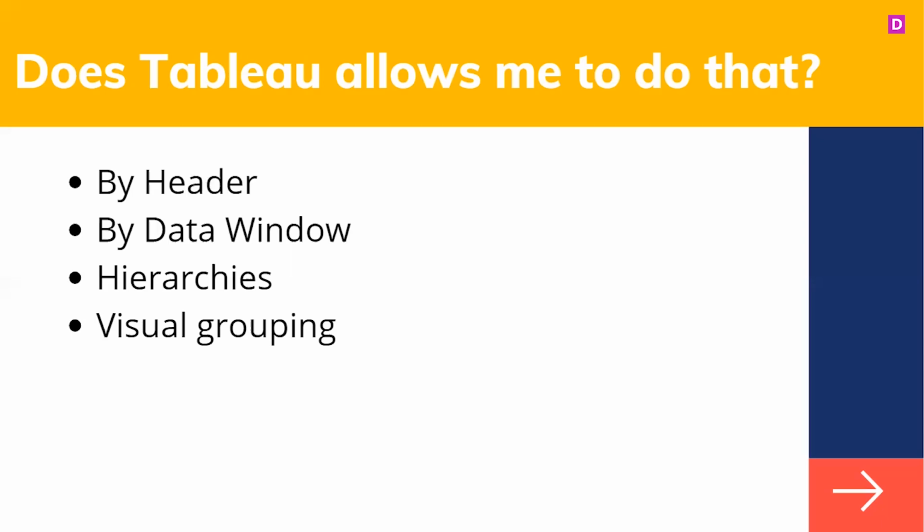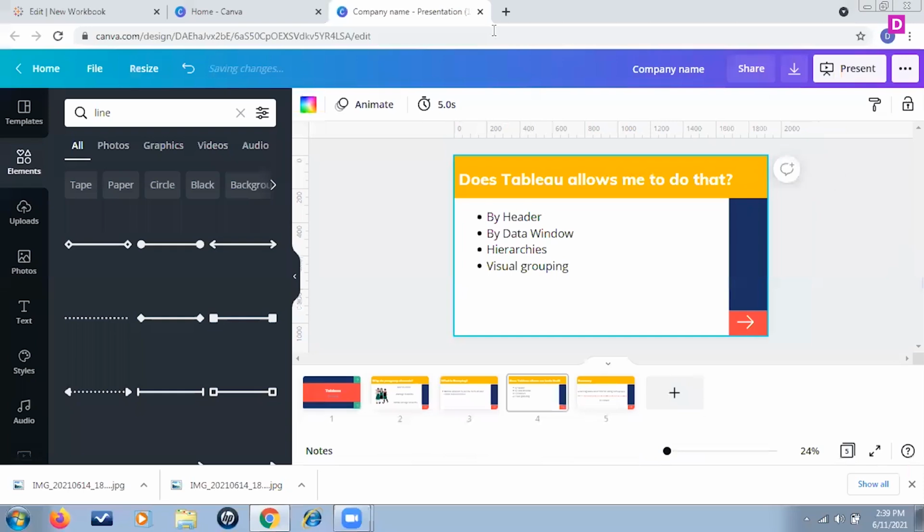These are the different methodologies you can adopt if you want to group some elements in Tableau. Now it's time for us to go to Tableau and understand how all four of these are done. So let's get inside our Tableau environment.